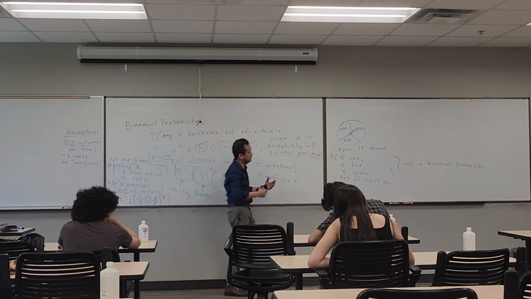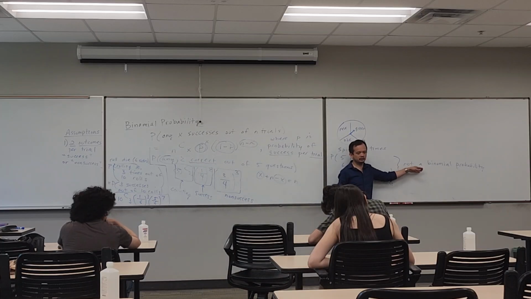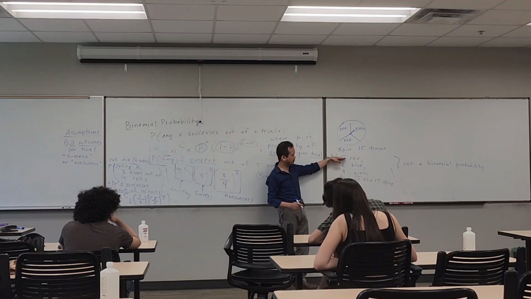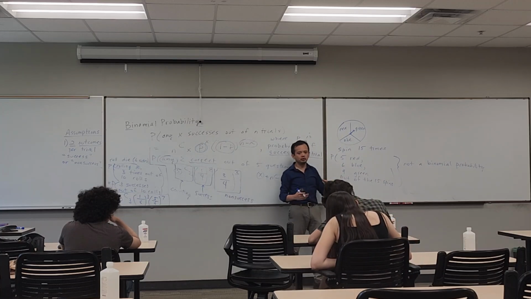So in this class, you're not responsible for finding this type of probability that is not binomial. Technically, this is a trinomial probability because there's 3 outcomes per trial. Or more generally, it's a multinomial probability.